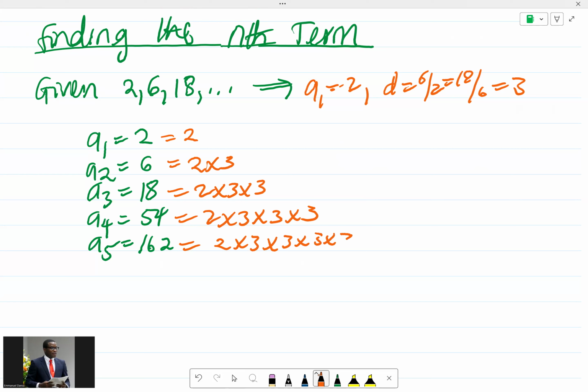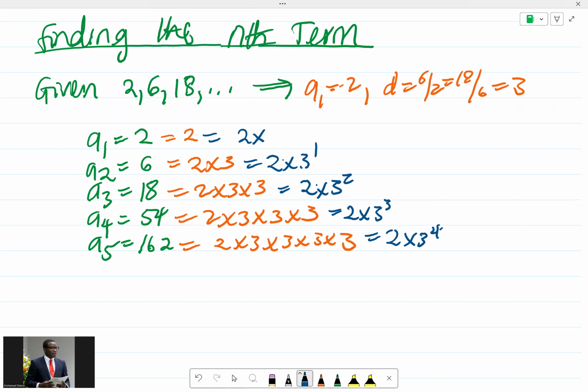So that means this is 2 times 3 raised to power 1, this is 2 times 3 raised to power 2, this is 2 times 3 raised to power 3, and this is 2 times 3 raised to power 4. Now, can you see a pattern? The first term can just be 2 times 3 raised to power 0.